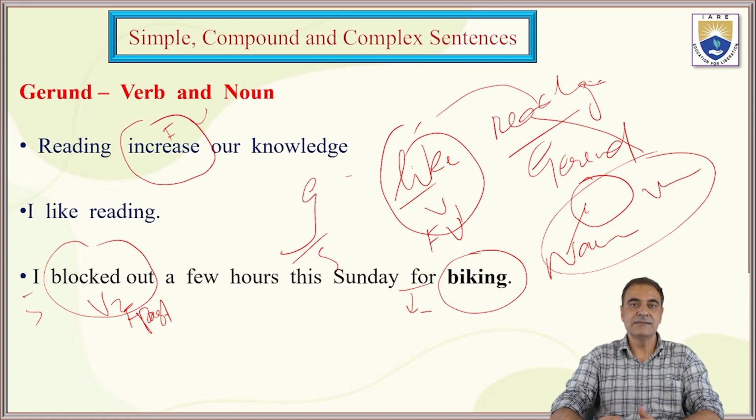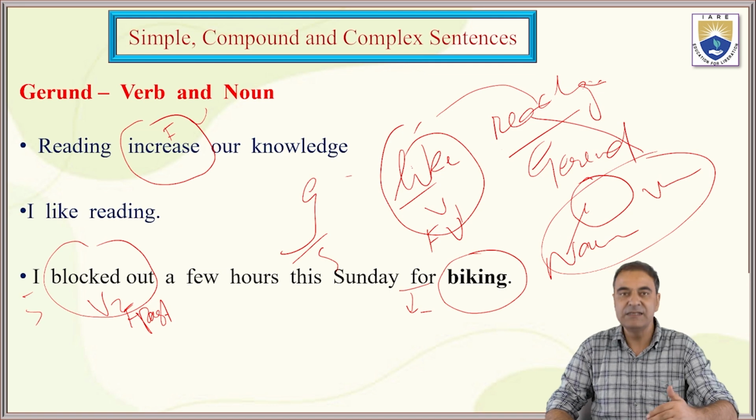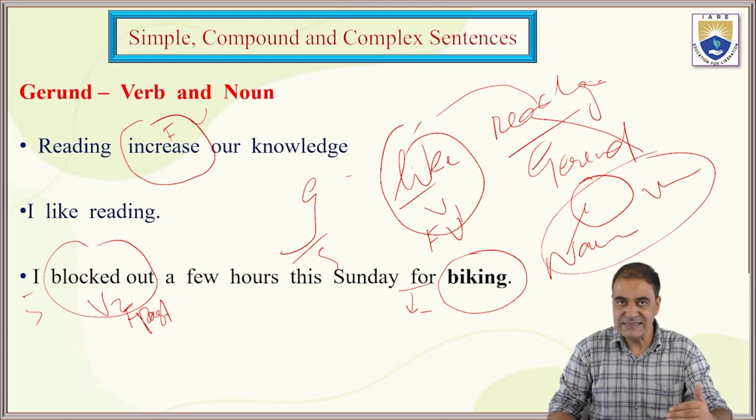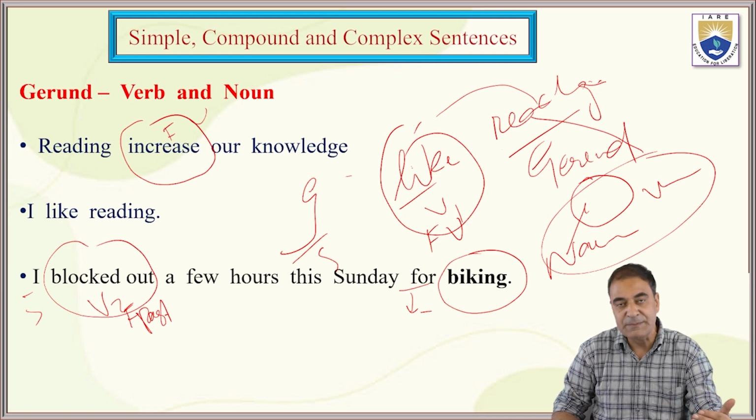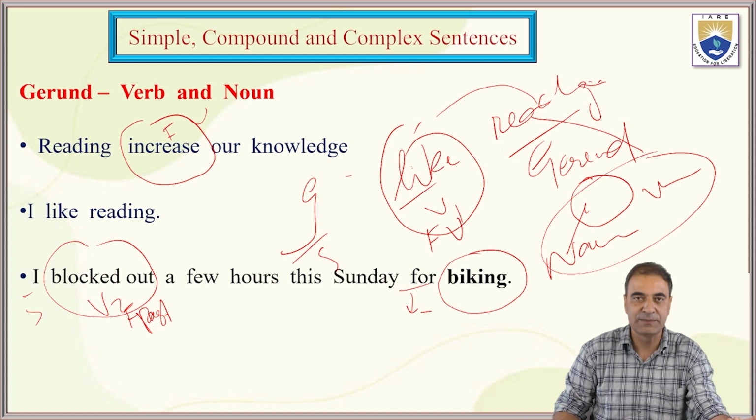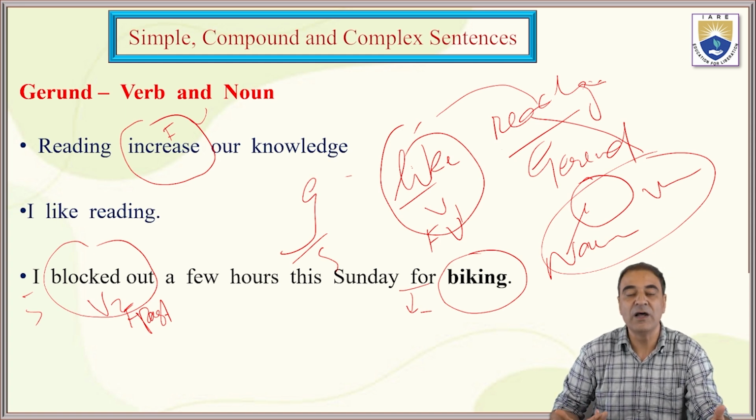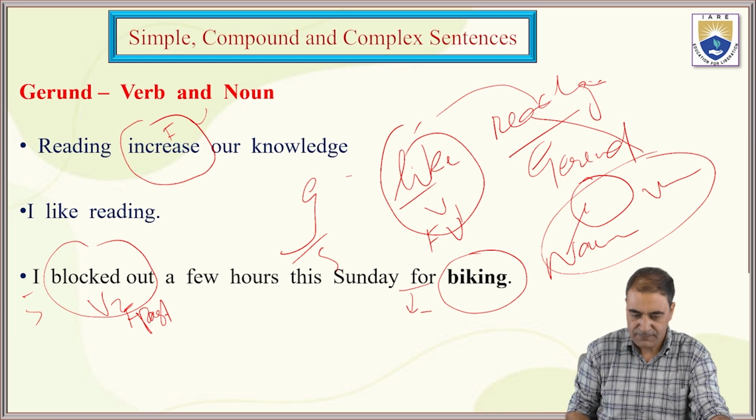A simple sentence is a sentence that carries one finite verb. All these examples were simple sentences because they carry only one finite verb. Yes, of course, there were other verbs like infinitives, gerunds, and participles, but they are non-finite verbs.